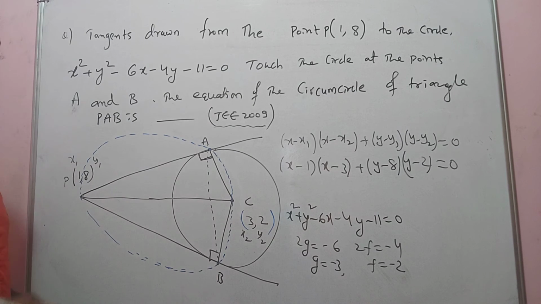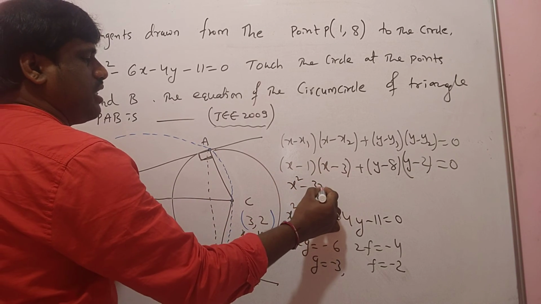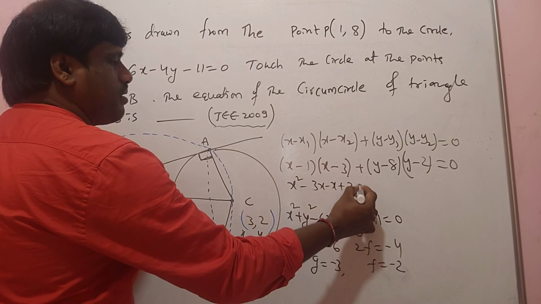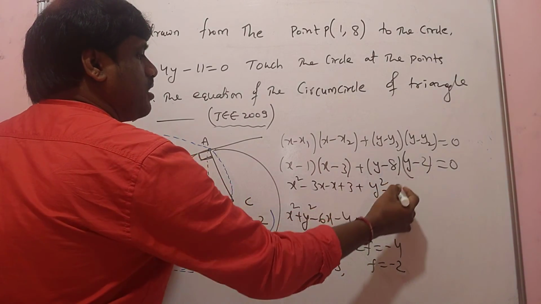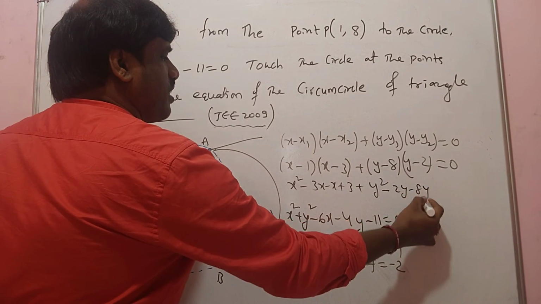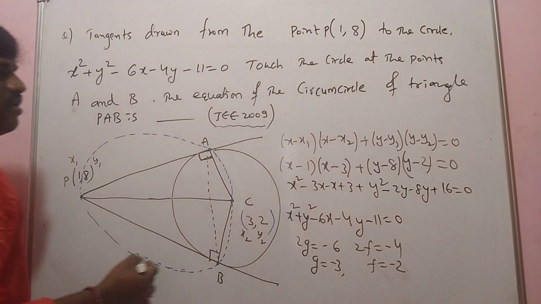Multiply and simplify. x into x is x², minus 3x minus x plus 3, plus y², minus 2y minus 8y, plus 16, equals 0.